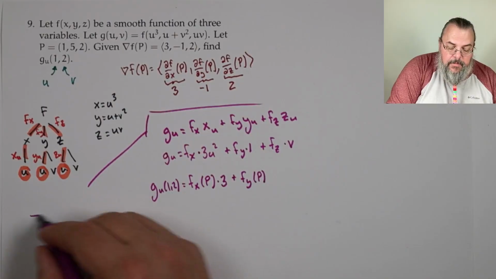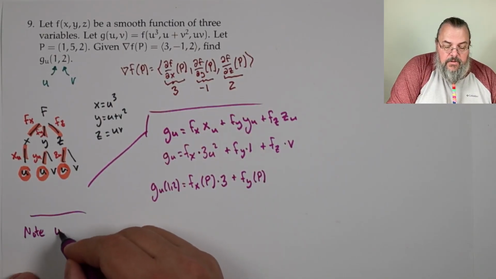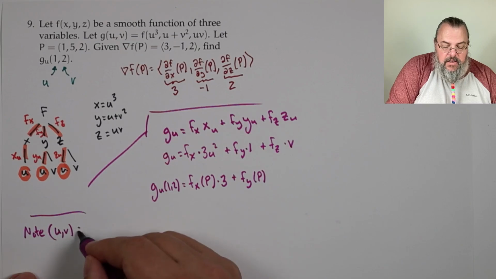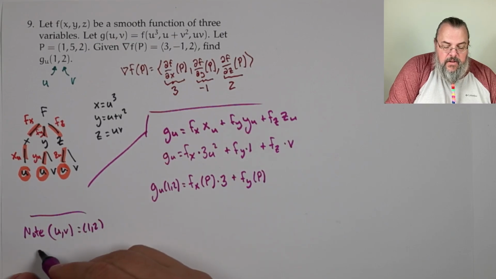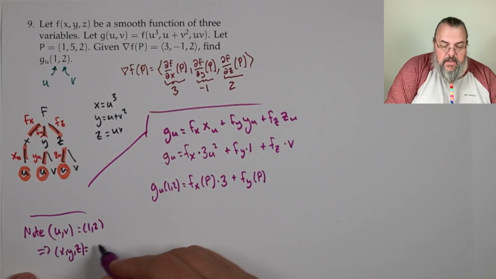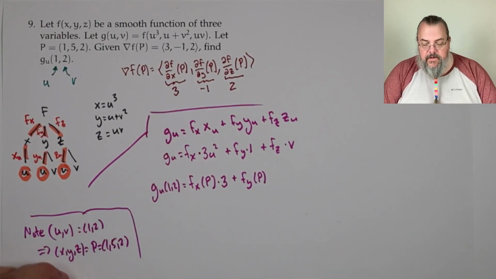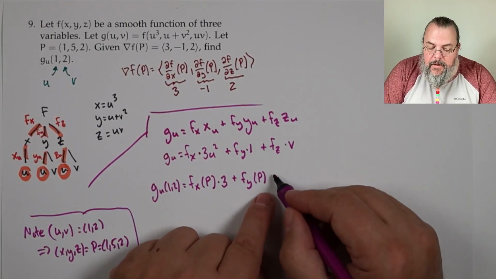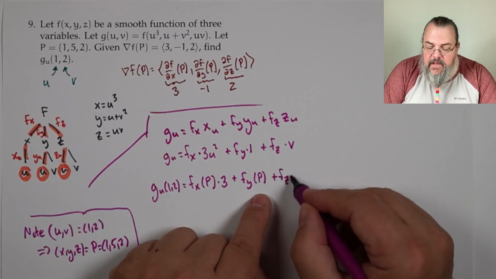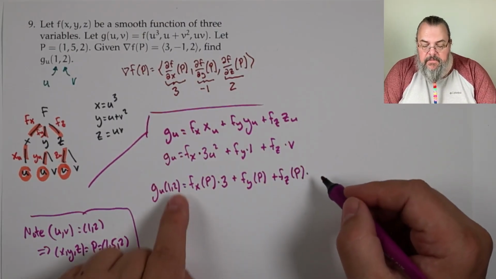We'll even make a note of it. When u comma v equals 1, 2, then x, y, z equals p equals 1, 5, 2. So there's a little note for us to keep track. Okay, plus f sub z at our point p times v, but v is 2.